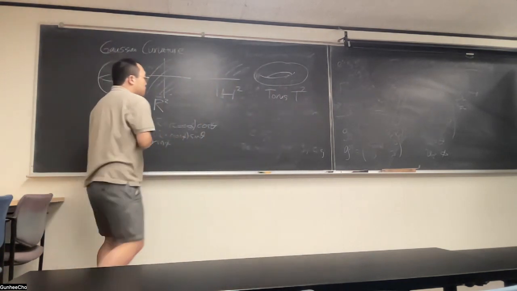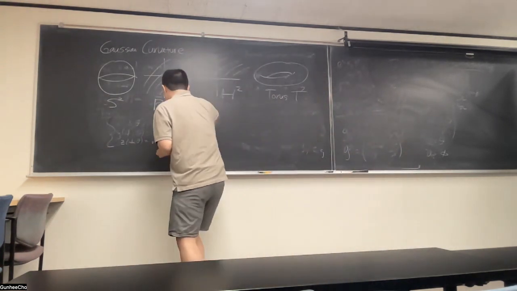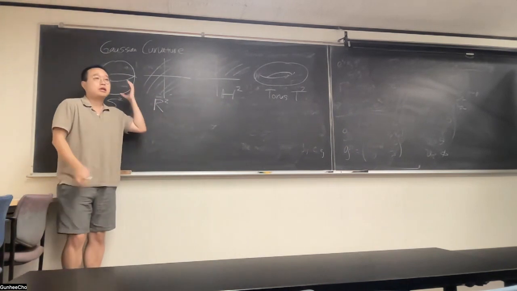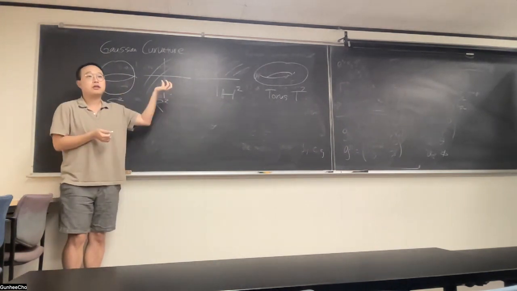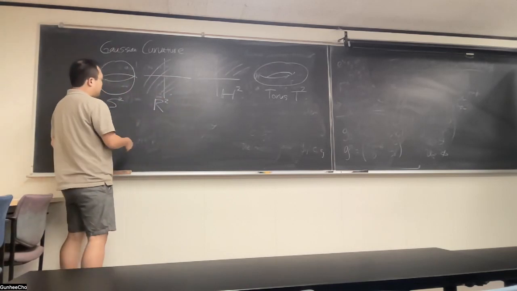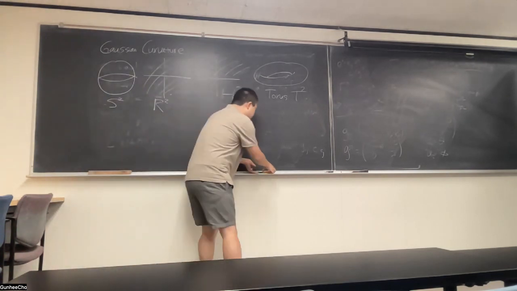So our purpose is to distinguish one from the others. So how? I'd like to say all those spaces must be different, and I'd like to say it in terms of the so-called Gaussian curvature. So the intuition is the following. You can choose an arbitrary point.